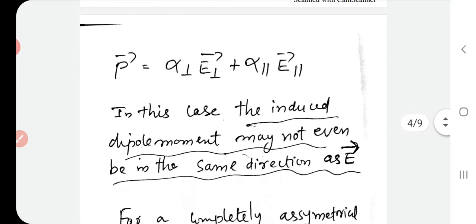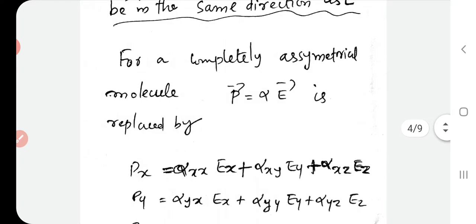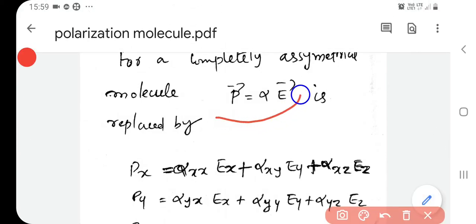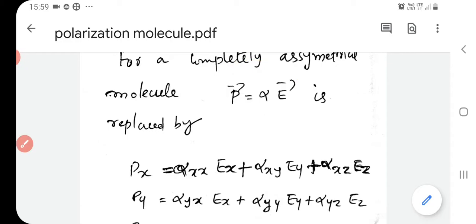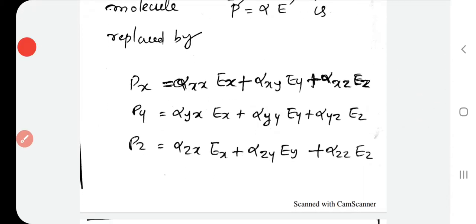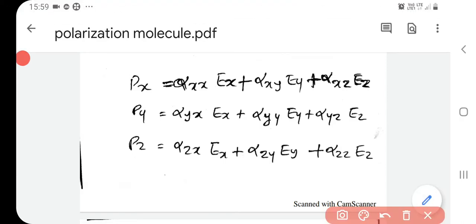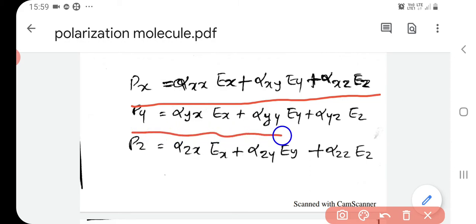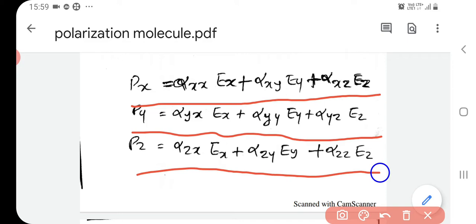The equation P equal to alpha E is generalized or replaced by px equal to alpha xx Ex plus alpha xy Ey plus alpha xz Ez, py equal to alpha yx Ex plus alpha yy Ey plus alpha yz Ez, pz equal to alpha zx Ex plus alpha zy Ey plus alpha zz Ez.